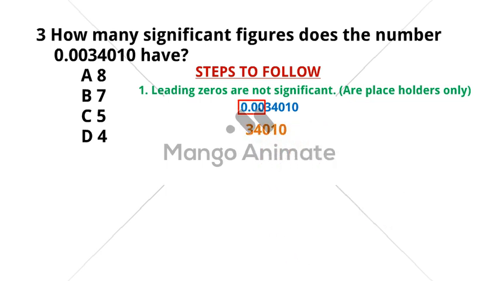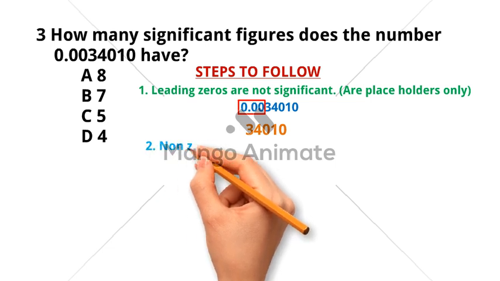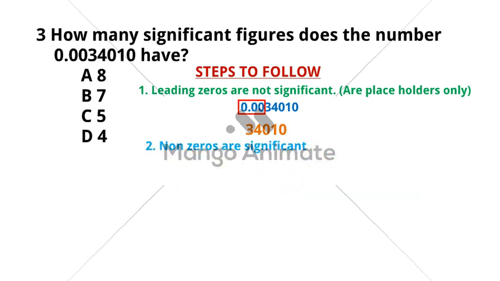Now remember, at the end of following all 4 steps, we should remain with only significant figures. So all digits that are not significant, we will be taking them away. We go to point number 2, which is non-zeros are significant.